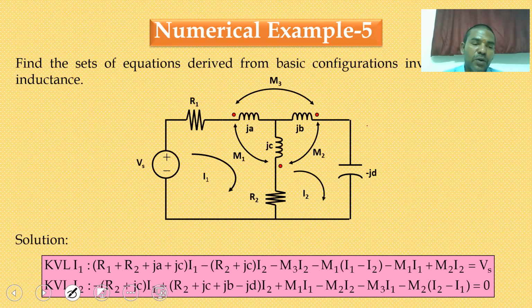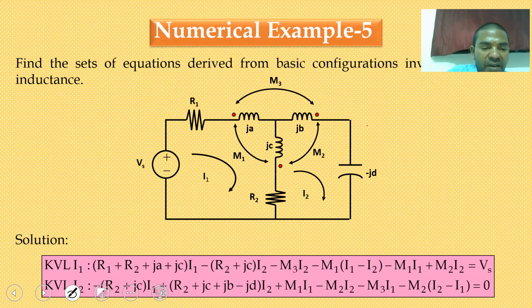For the first loop: R1 plus R2 plus JA plus JC into I1 minus R2 plus JC into I2 minus M3 into I2 minus M1 into I1 minus I2 minus M1 plus M2 I2. So this is your first equation.